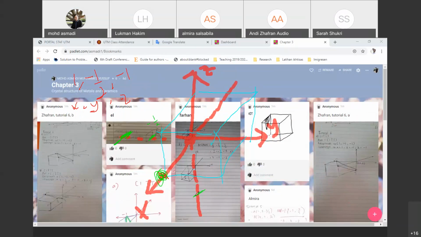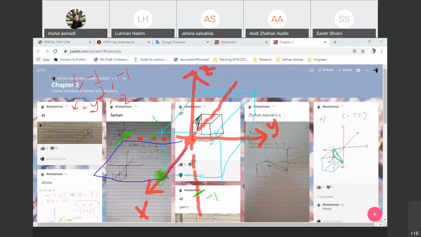So your new box is going to be like this, moving in this direction.